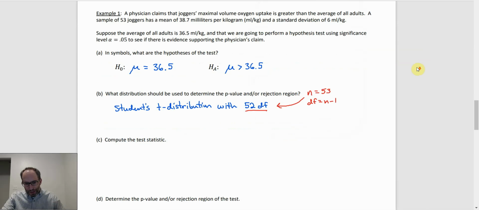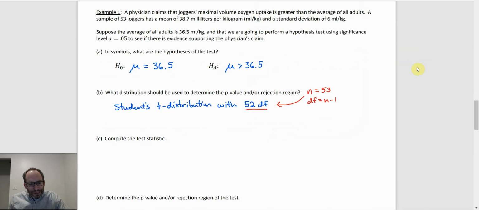All right, well then if we're going to compute the test statistic, this is actually going to be shorter than it was for proportions. I suppose that's nice, right? It's a little bit shorter anyway. So it's x bar minus mu 0 over s divided by the square root of n. If you sub in, x bar is 38.7, we know that from before. Mu 0 is the value in the null, so it's 36.5.